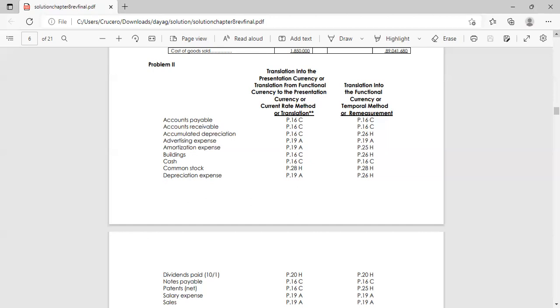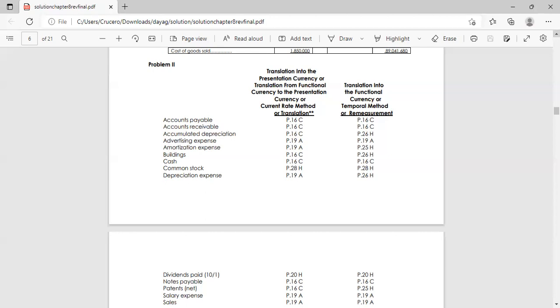Next, for accounts receivable, being a monetary asset, we have to use the current or closing rate in both methods. For both accounts payable and accounts receivable, being monetary, we are using the current or the closing rate on December 31, 20x9 because the accounts are denominated as of December 31, 20x9.